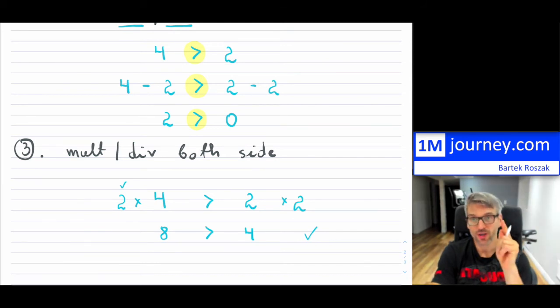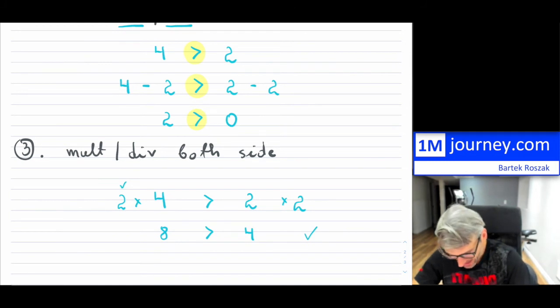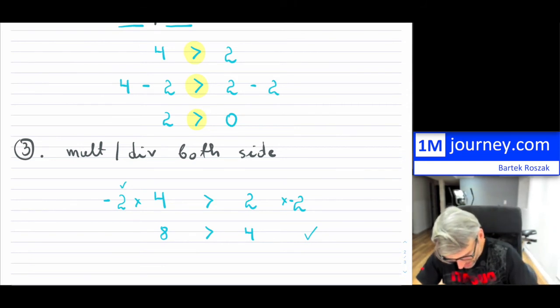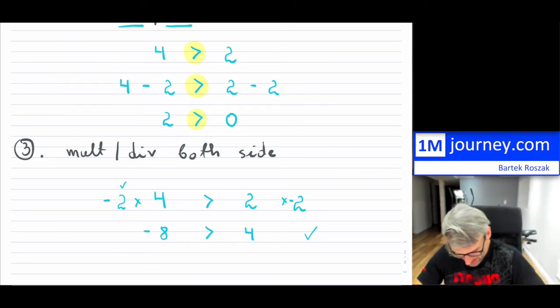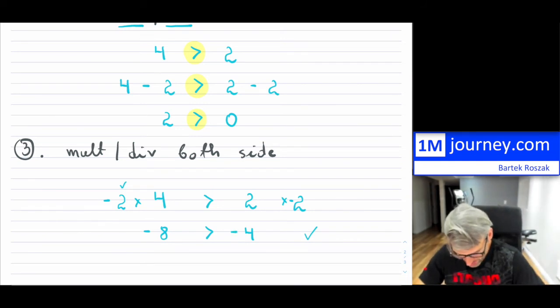Now, let's take a look if you multiplied by a negative number. Look what happens. Now you have to be careful, because this is a little bit different than your equalities. If you multiply by a negative number, all of a sudden, I get -8, and here I get -4. And now, look what happens.